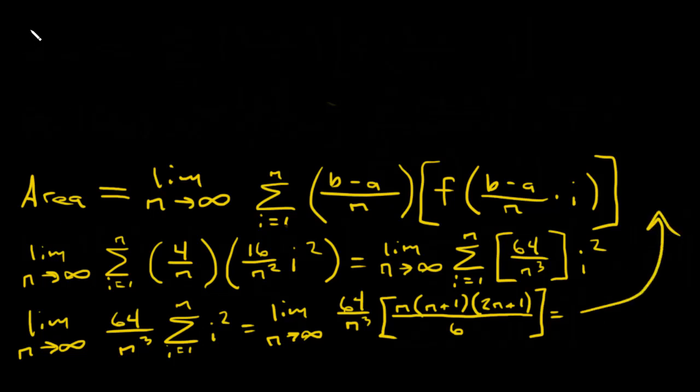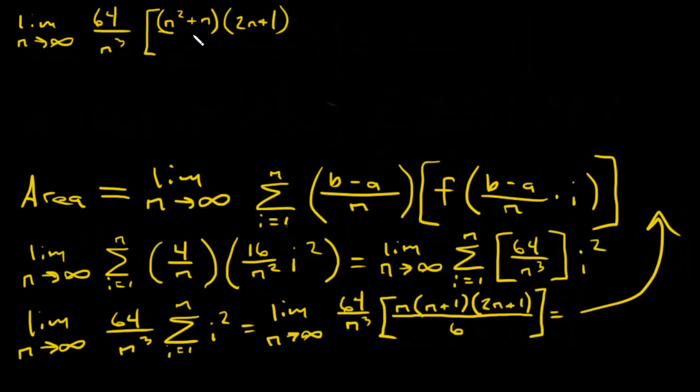Alrighty, so this becomes the limit as n goes to infinity of 64 over n cubed times, well, what is this? This is n squared plus n times 2n plus 1, and all of that over 6.